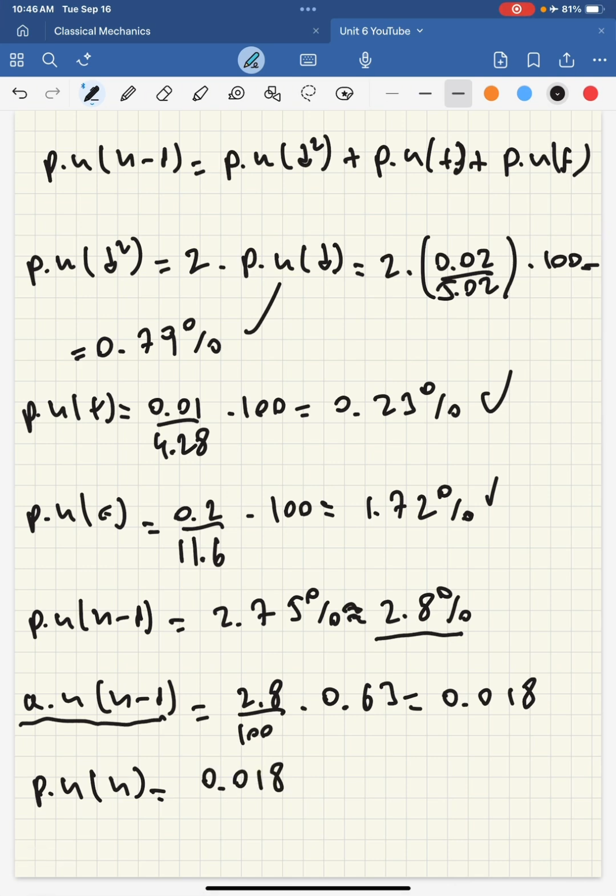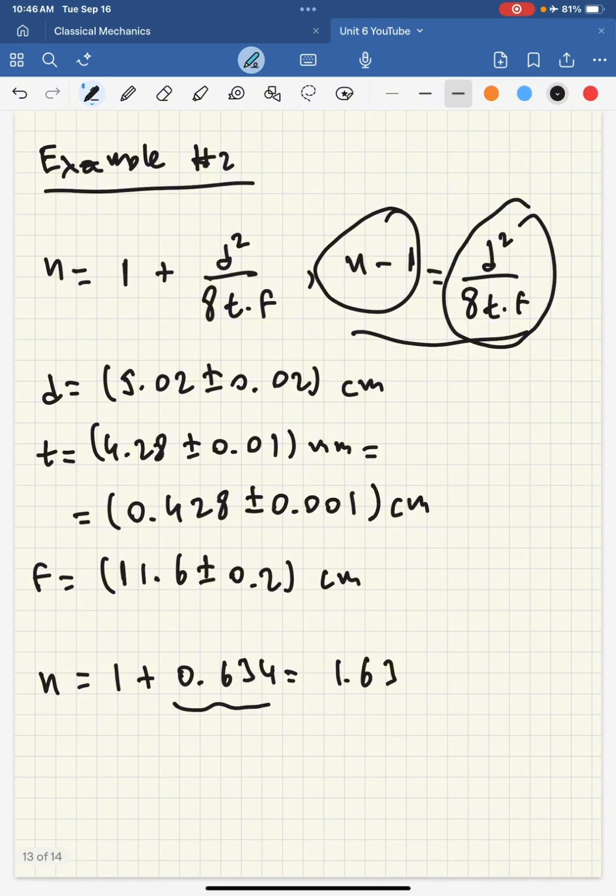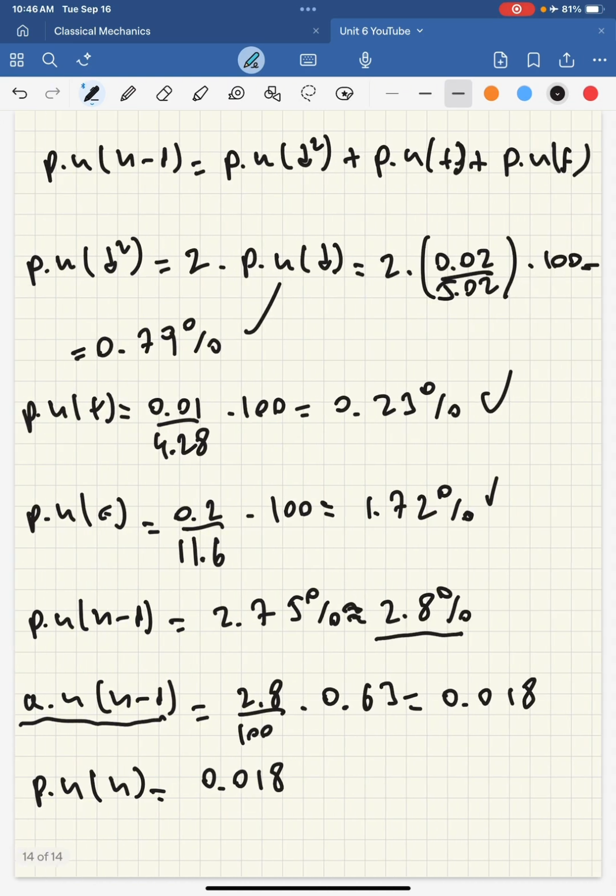And again, the uncertainty only comes from the measured quantities, because n is given by the addition of a constant, and the constant has an absolute uncertainty of 0 pretty much. So the percentage uncertainty in n is 0.018 over 1.63 times 100, so 1.1% is our answer.